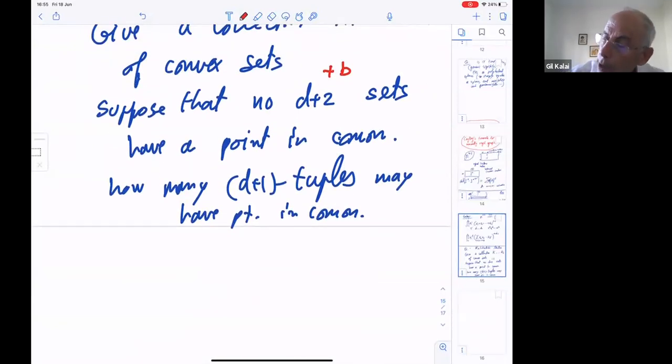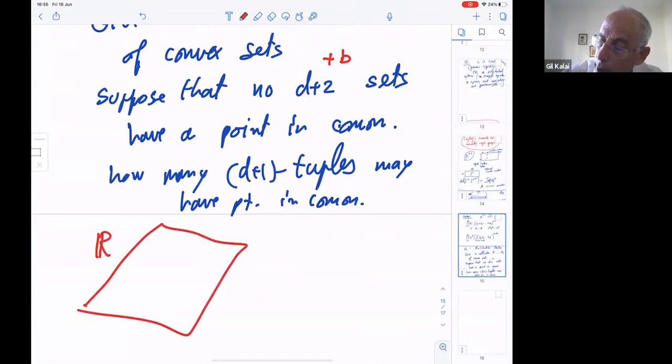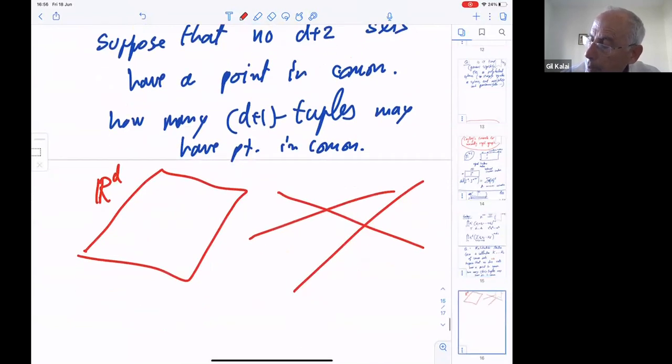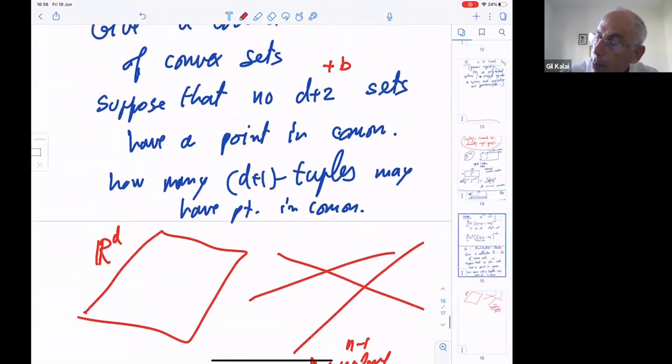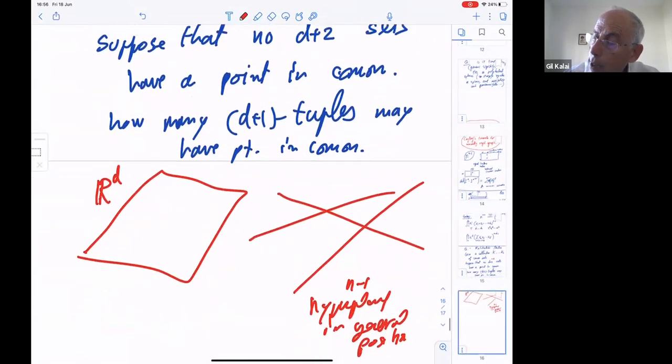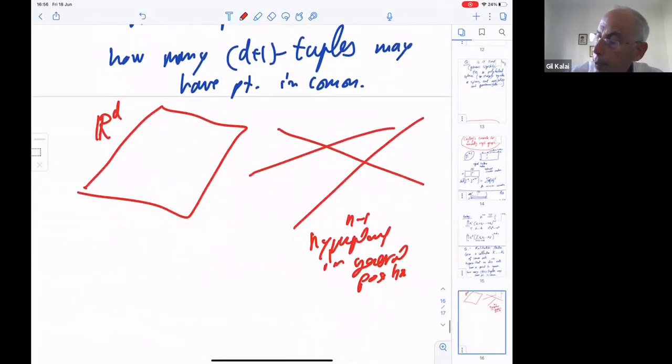The extreme example that they conjecture is the following: you take one copy of the full space, R^d, and then n-1 hyperplanes in general position. So this is for the case d plus 2, and if you consider more than d plus 2, you put more copies of R^d.